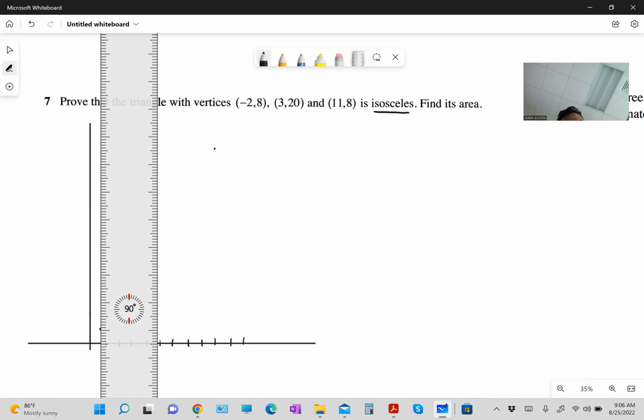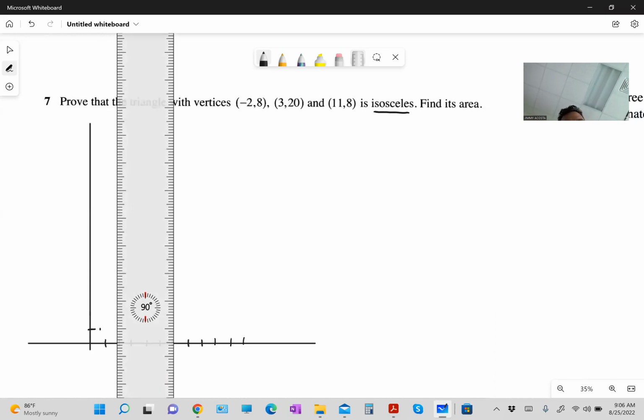Oh my gosh, the ruler is too close. 1, 2, 3, 4, 5, 6, 7, 8, 9, 10, 11, 12, 13, 14, 15, 16, lovely. 17, 18, 19, 20. This is 20.